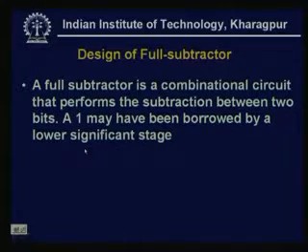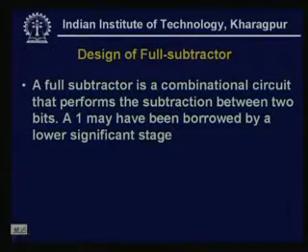In the half subtractor, the subtraction is done between 2 bits, so one difference is generated and one borrow is generated, but if it is an n bit subtractor, then we cannot neglect this borrow.